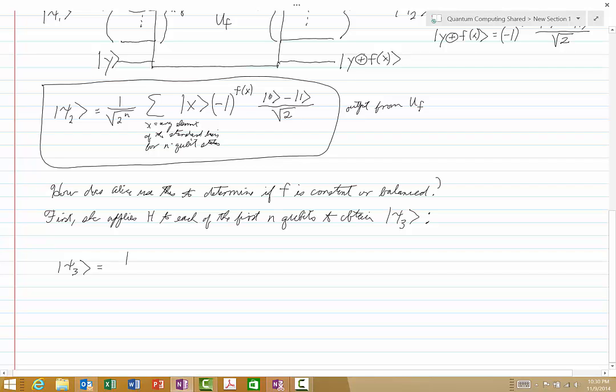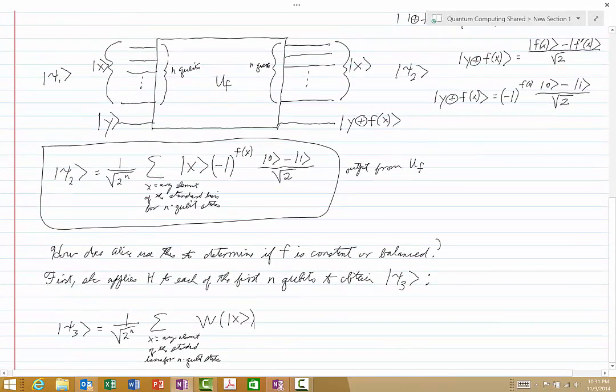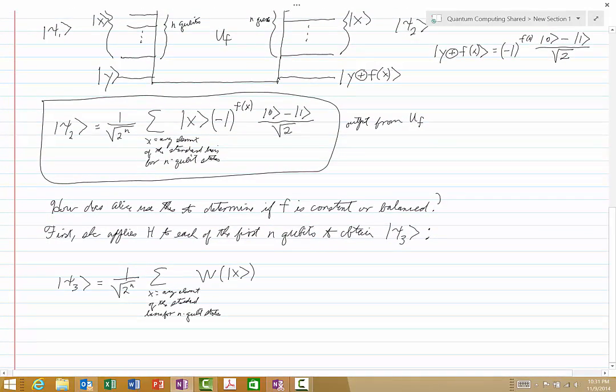Okay, so we'll get 1 over the square root of 2 to the n, and then we get summation over x equals any element of the standard basis for n qubit states, and we're going to apply H to each one of the qubits of x, which is then the same thing as W. Remember again, just as we set up here, W is equal to just H n times. So that's W of x.